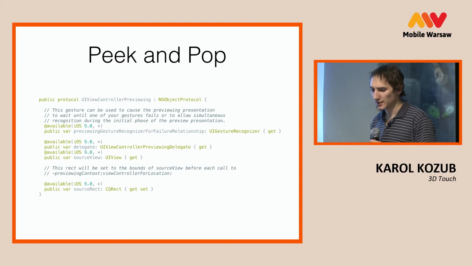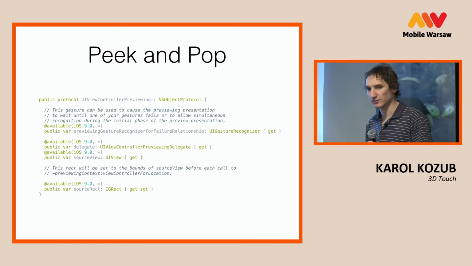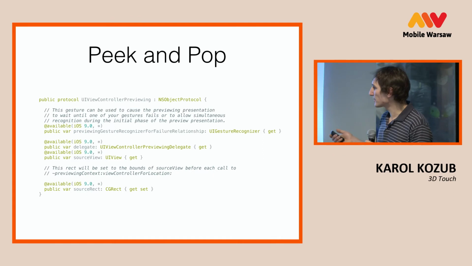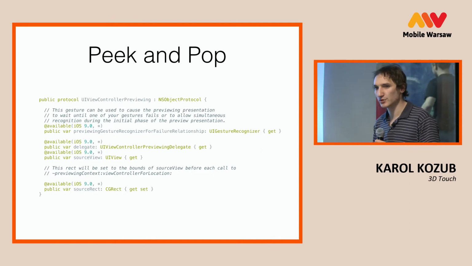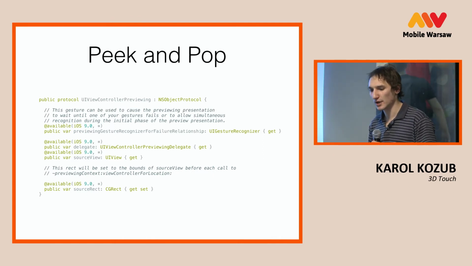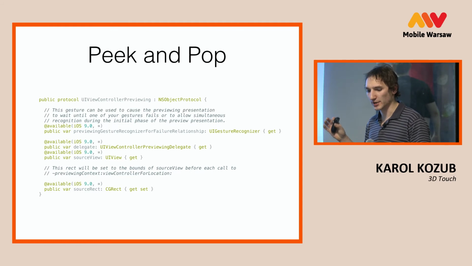It has a delegate and source view, the two in the middle, which we set when we registered for previewing. But apart from that, there is a gesture recognizer which we can use to define the relations with other gesture recognizers if we use some in our view.